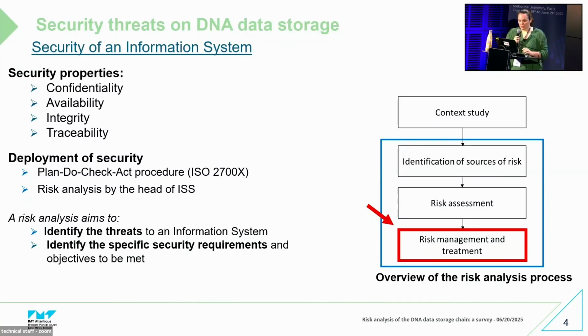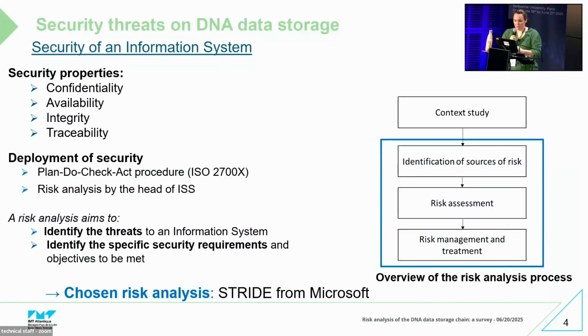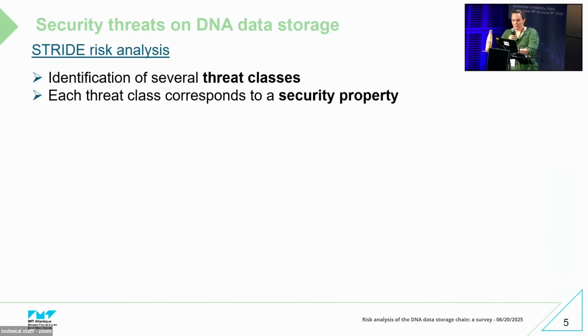Several risk analyses are possible, and we have chosen the STRIDE analysis from Microsoft for its ease of use and comprehension, as well as the wide range of threats that it covers. Let us define what a STRIDE risk analysis is.